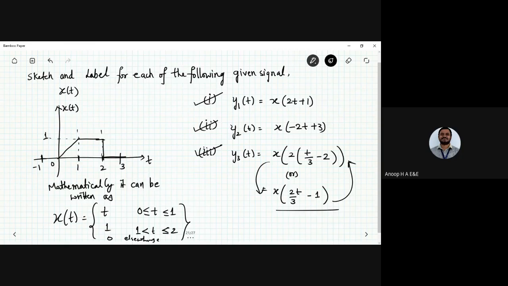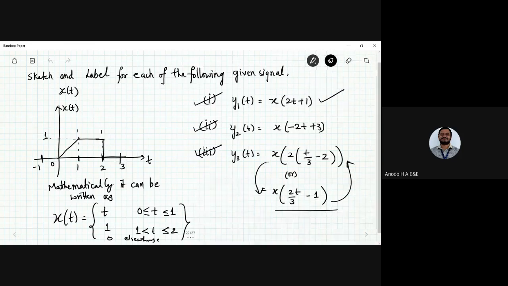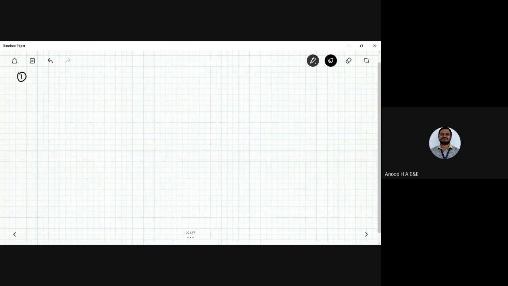Now let me sketch the first signal, that is x of 2t plus 1. So I need to sketch the signal for y1 of t equals x of 2t plus 1. So follow the precedence rule. First one is time shifting.